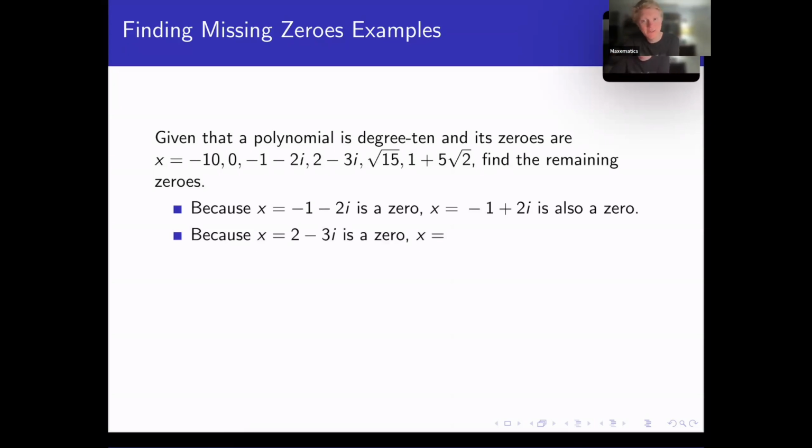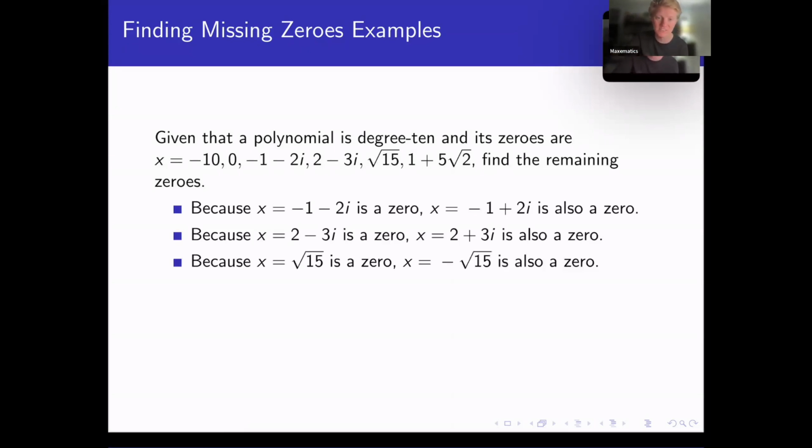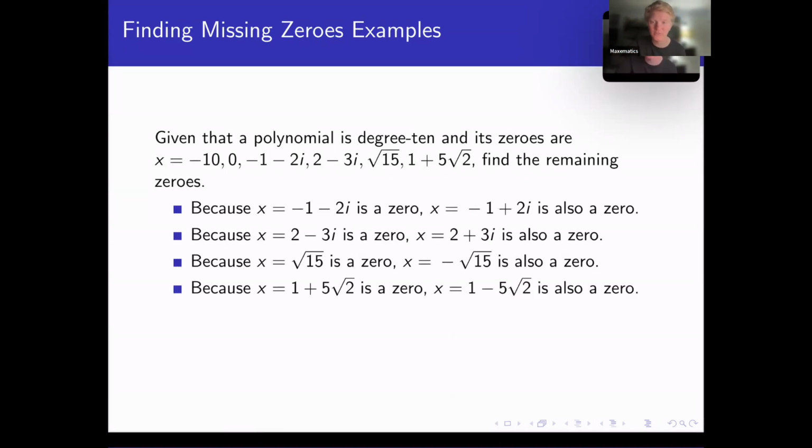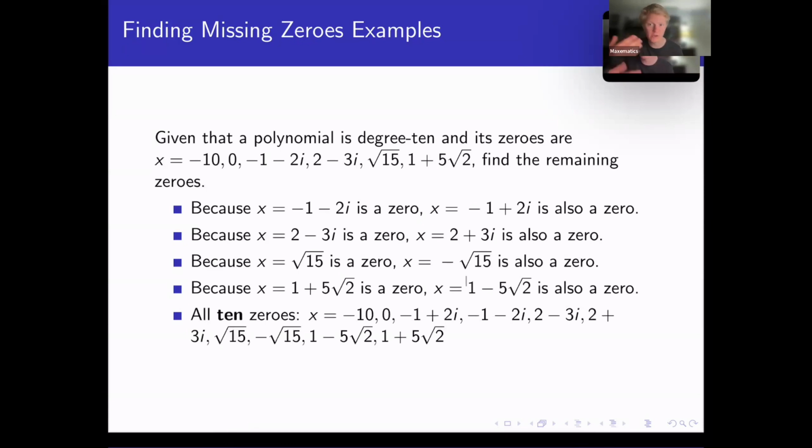Because 2 minus 3i is a 0, 2 plus 3i is a 0. Because positive square root of 15 is a 0, negative square root of 15 is a 0. Because 1 plus 5 square root of 2 is a 0, 1 minus 5 square root of 2 is also a 0. And then we had 6 zeros to start. We found 4 more, all 10 zeros right there.